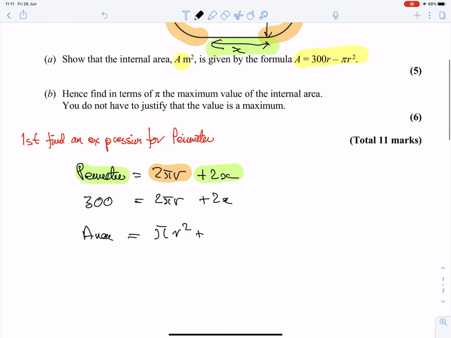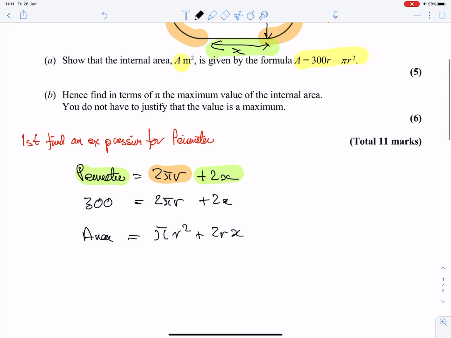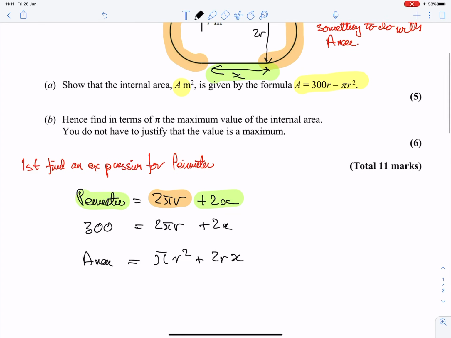So the area of the rectangle is 2rx. Now the problem here is that in our question, we're asked to show that A equals 300r minus pi r squared. And we notice that there's no x in here.